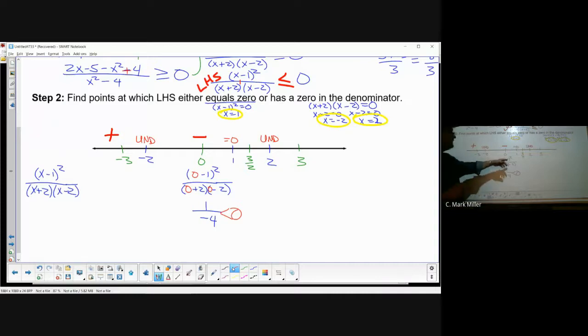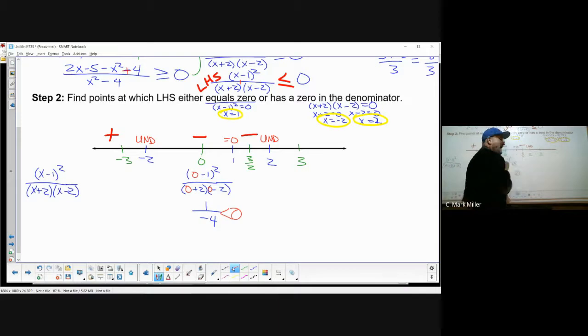Then over here, when we cross this 1, in this little interval between 1 and 2, will it be positive or negative? That 1 comes from the numerator, which is to an even power. So at 1, it's going to go from negative and stay negative. It will not change signs there. That's the first time we've had one that didn't change signs because it was to an even power.